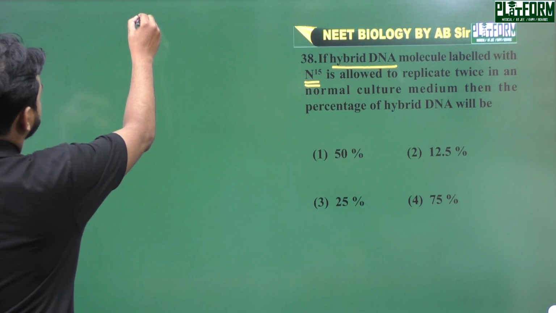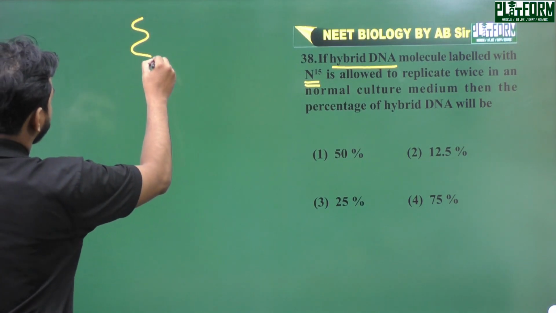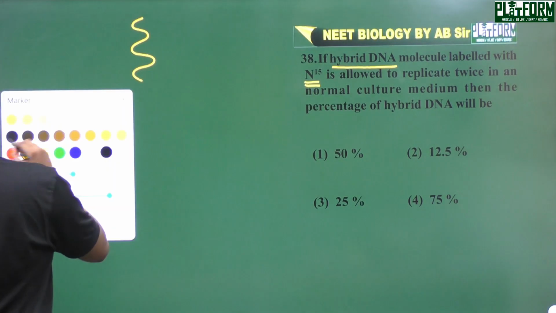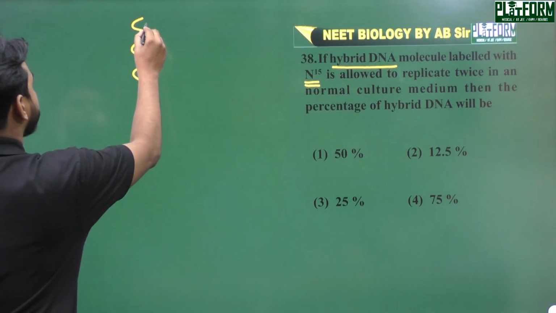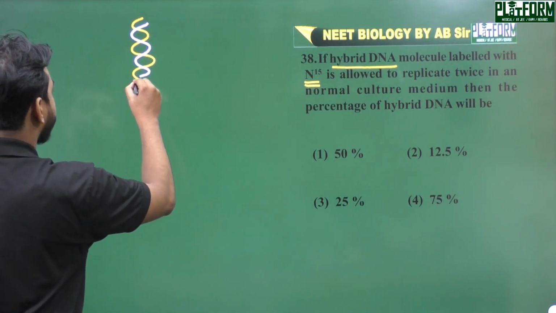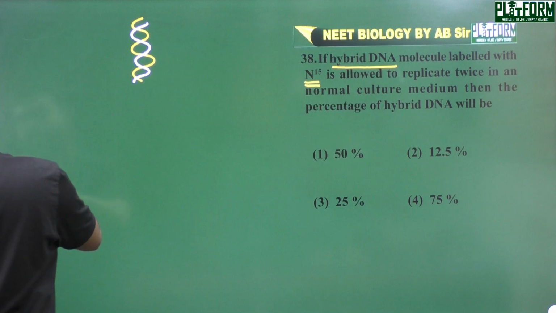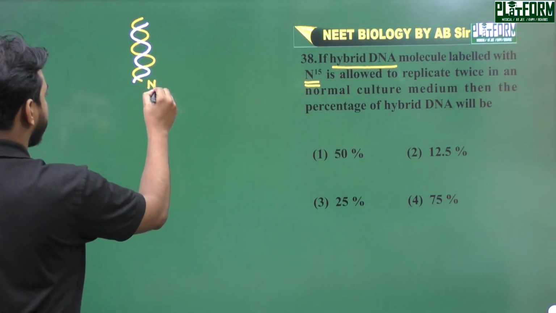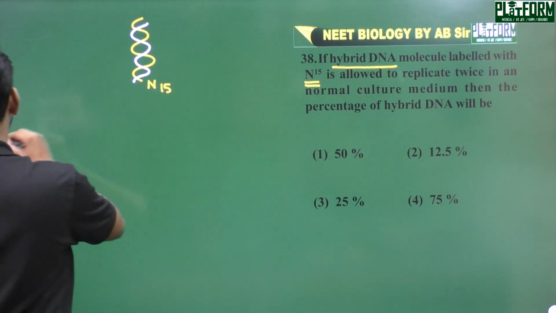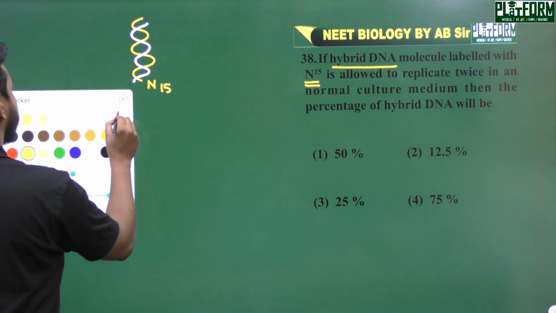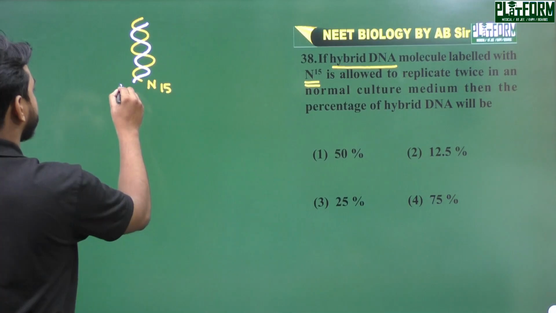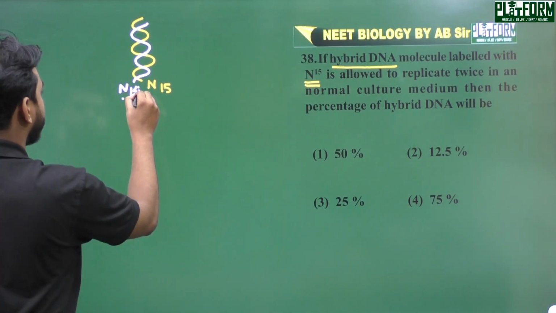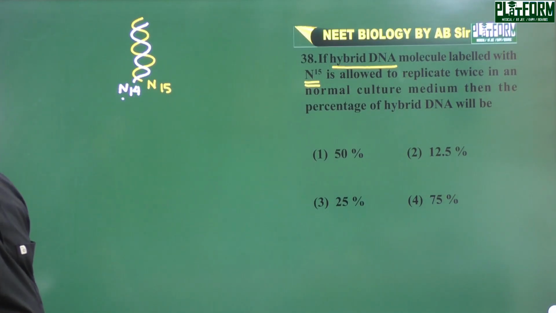That means, let us assume this one is a hybrid DNA molecule where one strand is N15, the yellow one, and the other strand is N14.